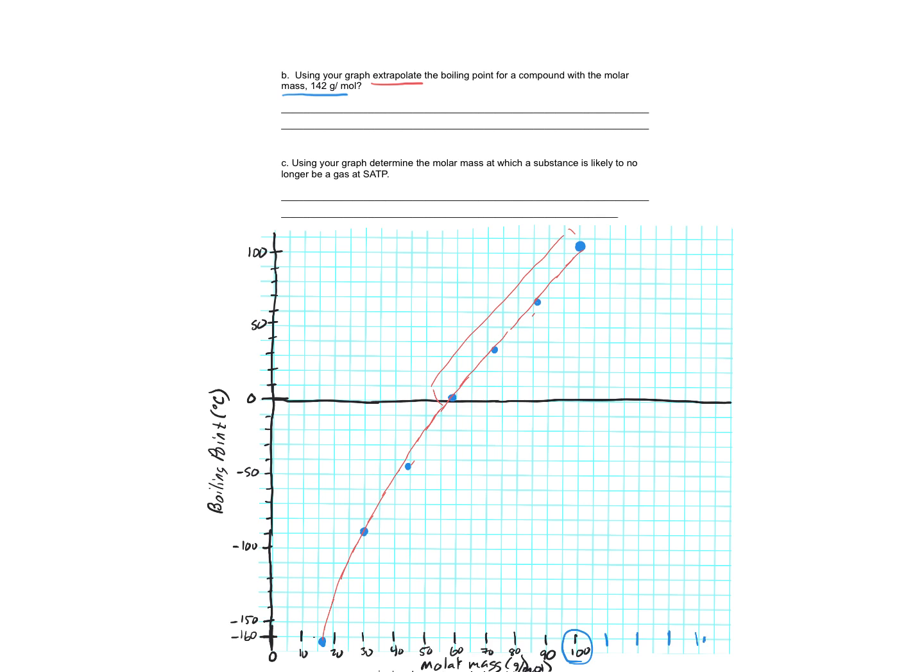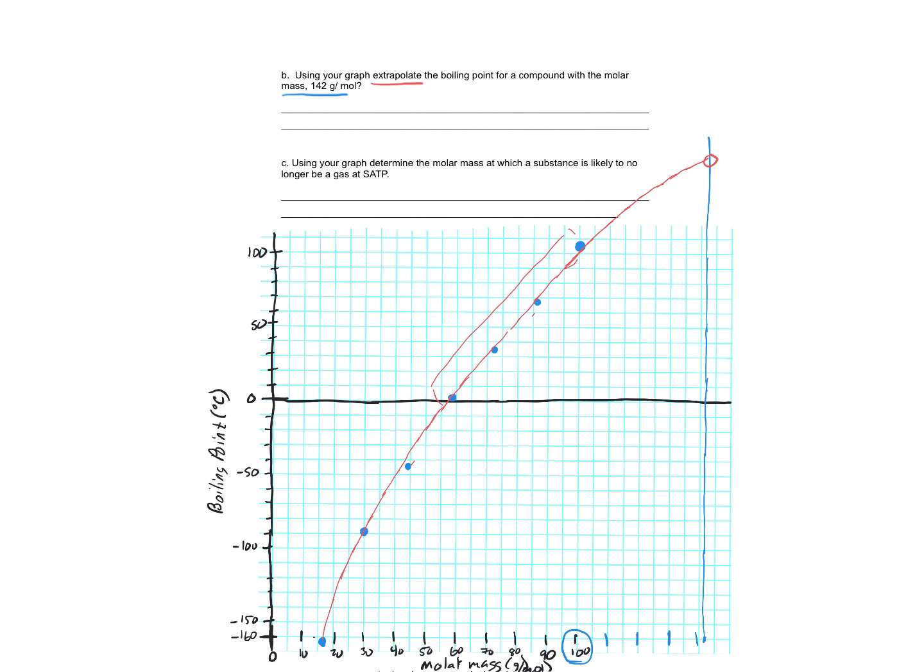Now, if I go up to 142, and I create my line, I need to find where I think my curve is going to meet with that line. And so if I continue my red curve from this point, I'm going to say it looks something like that. And so I'm going to predict this point right here.